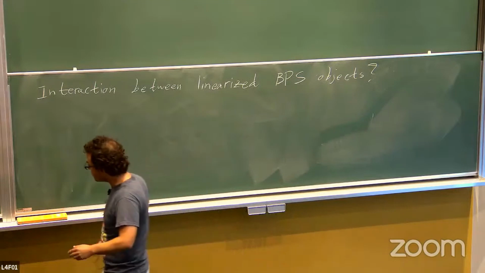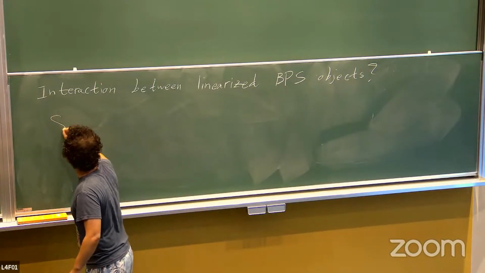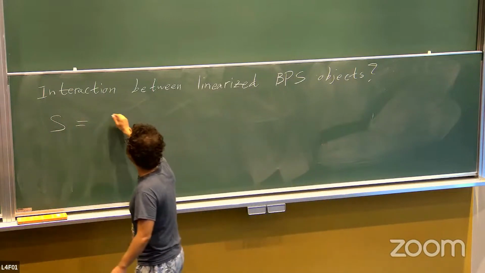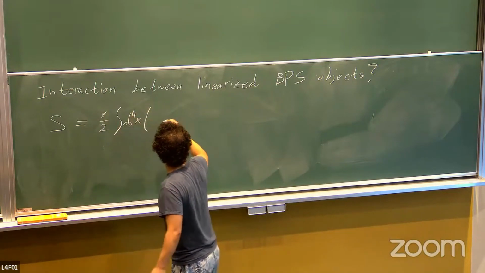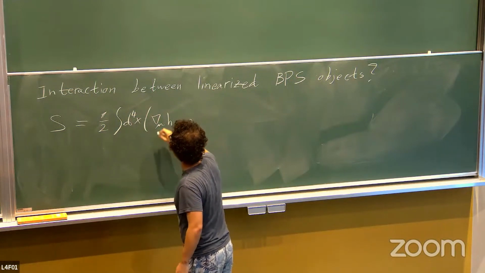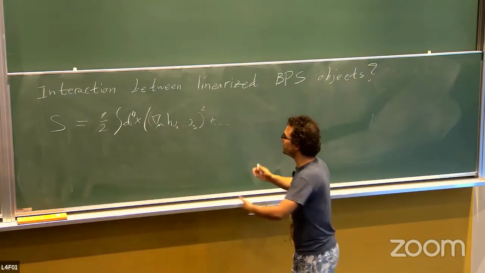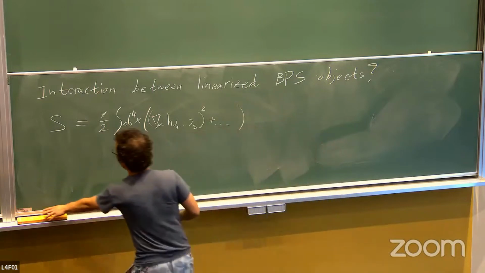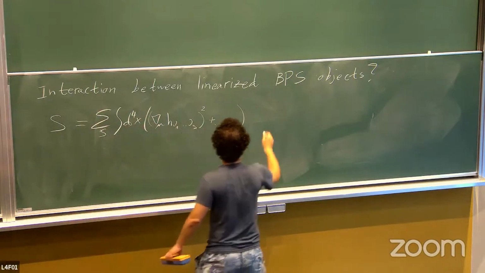The linearized solution itself is a solution of the Fronsdal action of free massless higher spin fields, with something like gradient of higher spin field squared plus more terms with different arrangements of indices and traces, etc., summed over all spins.